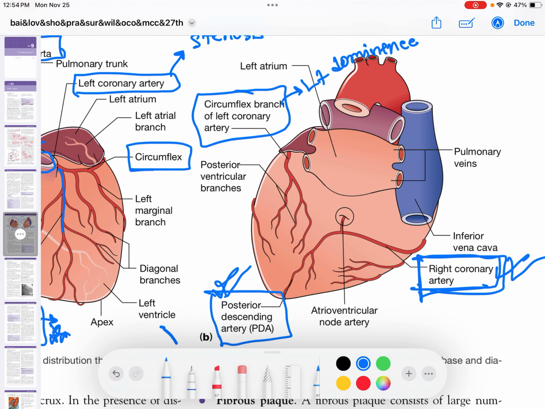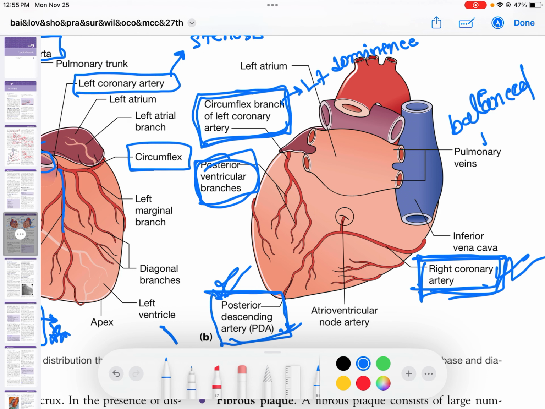A balanced pattern is one in which there are two posterior descending arteries, one arising from the right coronary artery and one arising from the left coronary artery. This is the posterior descending artery arising from the right coronary artery, and posterior ventricular branches arise from the circumflex branch of the left coronary artery. This is called a balanced pattern.